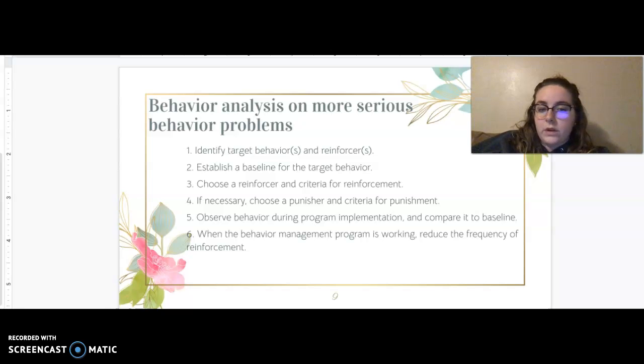Choose a reinforcer and a criteria for reinforcement. And if necessary, choose a punisher. Observe the behavior. And when the behavior management program is working, reduce the frequency of reinforcement. The most common reinforcer for both routine and serious misbehavior is attention from teachers and peers. So the kids usually just want attention. They don't get it at home or somewhere else.